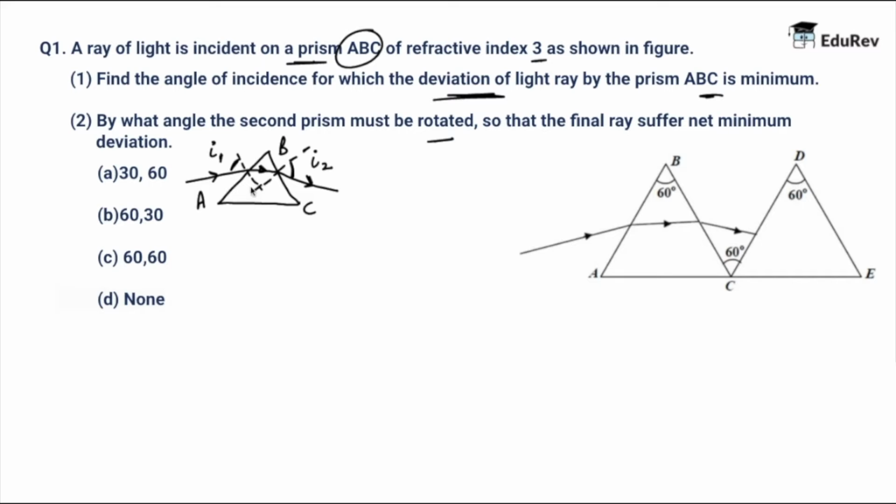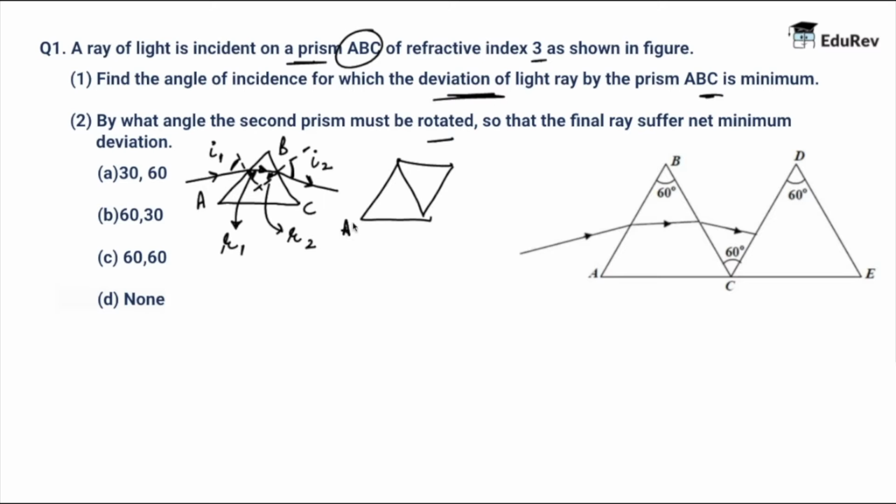So when I extend these lines, this angle is going to be R1, and this angle here is going to be nothing but R2, right? So the point is that if I join ABC and DE, then it will look somewhat like this.